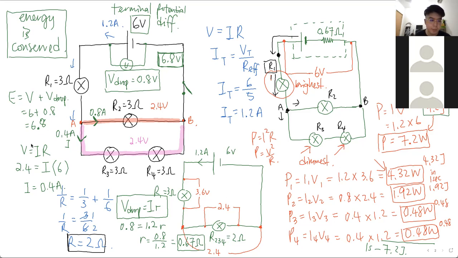What is our potential difference? Oh, I erased my potential difference. Okay, so what is the potential difference across R1?